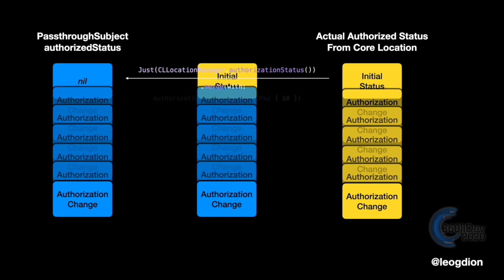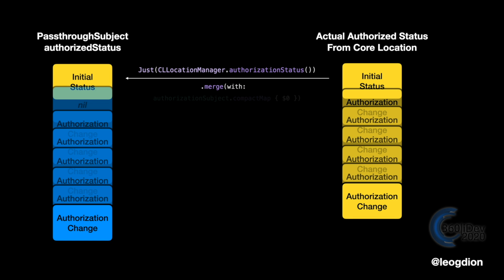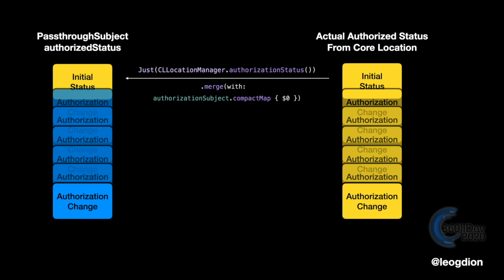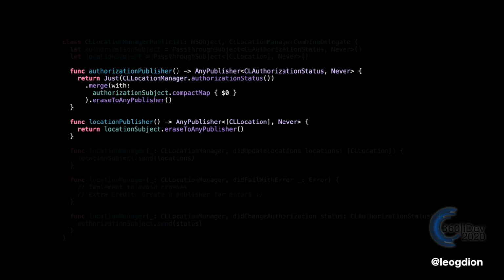So the publisher ends up looking something like this: the core location manager authorization status first, and then every change from our authorization subject afterwards. And that's why we have what we have here.